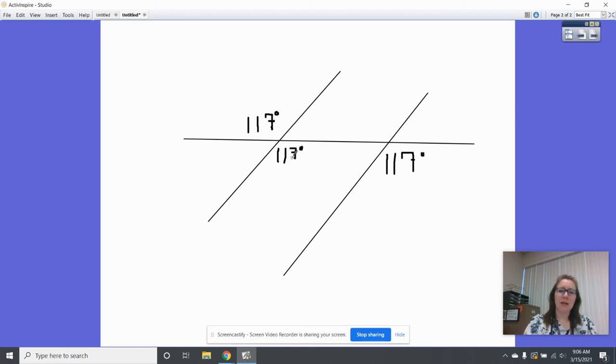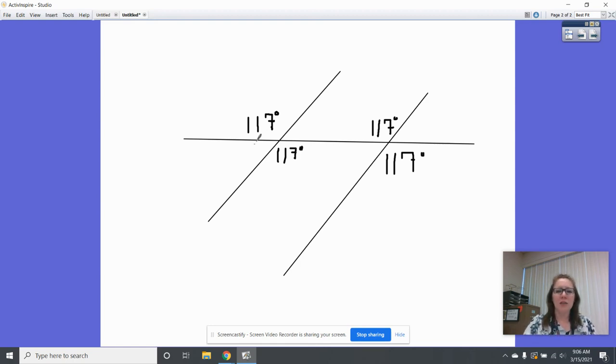So I can use my alternate interior angle fact. I go to the other parallel line inside, and then I have to go to the other side of the transversal. And boom, it's 117 degrees because they are congruent. Honestly, we could have also known that because these are vertical angles and therefore they're congruent as well. So we're halfway done.